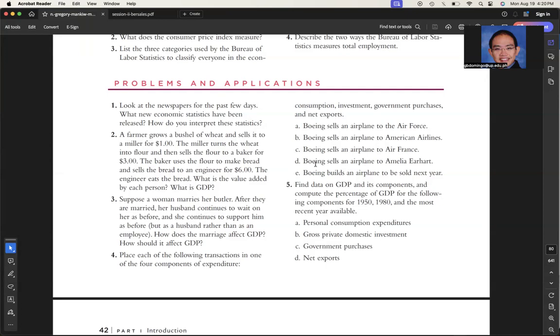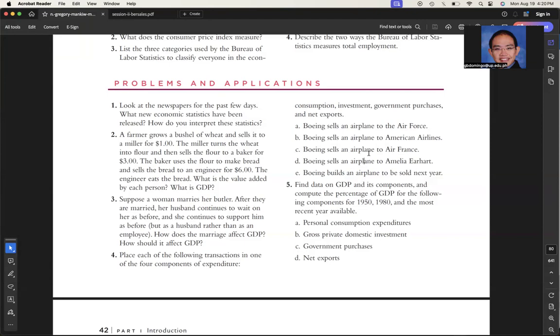This is new production of airplanes. This is not coming out of inventory. If it were, then there would be no change in GDP, because there would be an increase in G, but then there would be a decrease in I, a decrease in inventory investment, as we've discussed also.